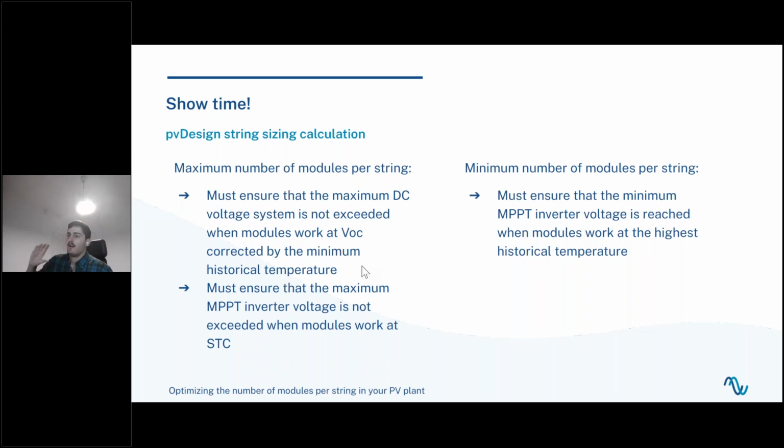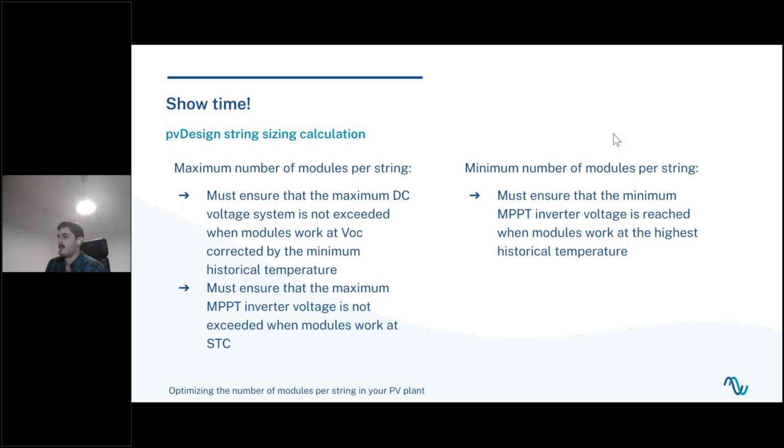So we are going to ensure that the string will never exceed the maximum voltage of the system when correcting the modules at open circuit voltage, corrected by the minimum historical temperature. Apart from that, the maximum number of modules that we recommend must ensure that the maximum MPPT inverter voltage is not exceeded when modules work at the standard conditions.